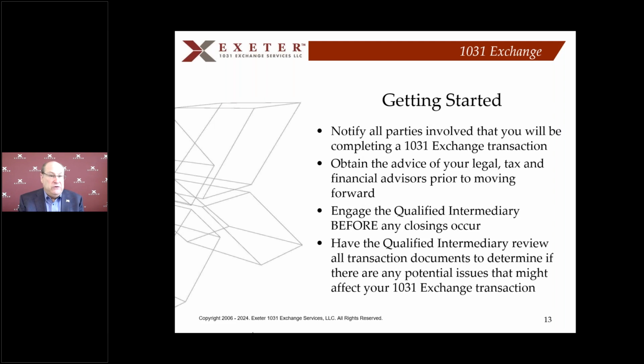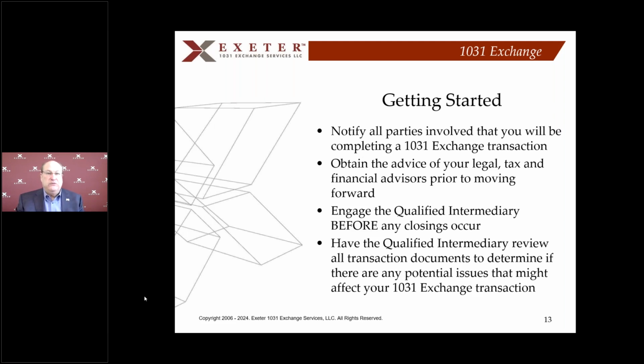Getting started, make sure you notify all the parties that you're going to be doing a 1031 exchange. Involve your legal, tax, financial, and investment advisors, especially your tax advisor. There might be reasons why you don't want to do a 1031 exchange. We're going to talk about partial exchanges later. Your tax advisor can help you decide if a partial 1031 exchange could work for you.